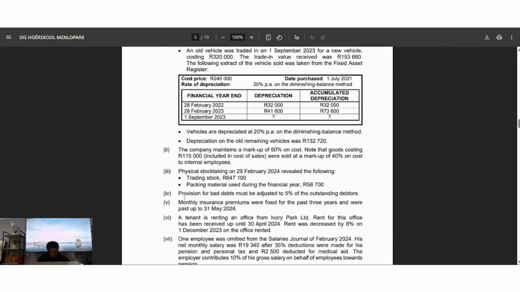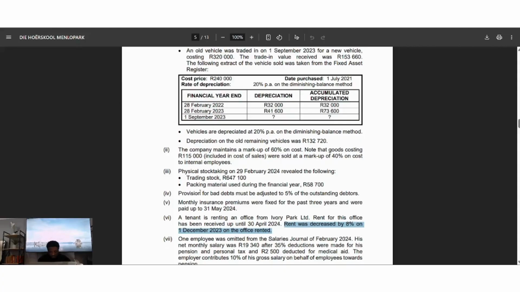All right, there is information VI, so that's number 6. A tenant is renting an office from Ivory Park Limited. Rent for this office has been received up until 30th of April 2024, and then the rent was decreased by 8% on 1 December on the office that was rented. Okay, cool. So we basically received rent for 2 months more than we were supposed to.